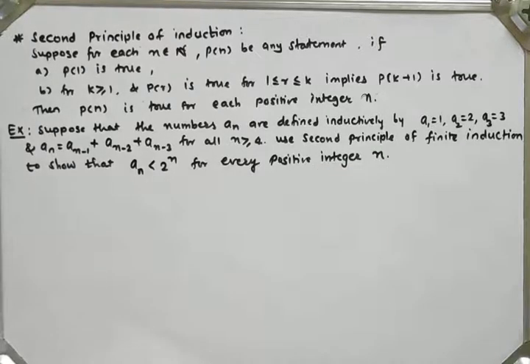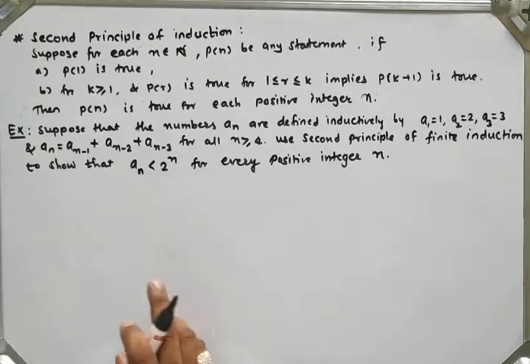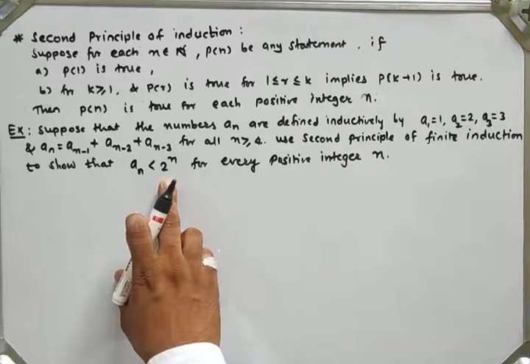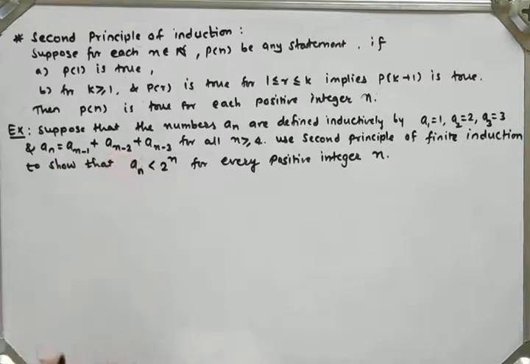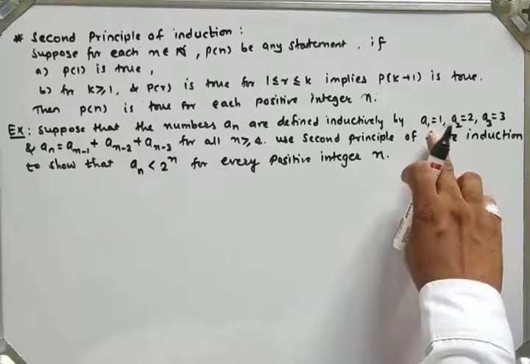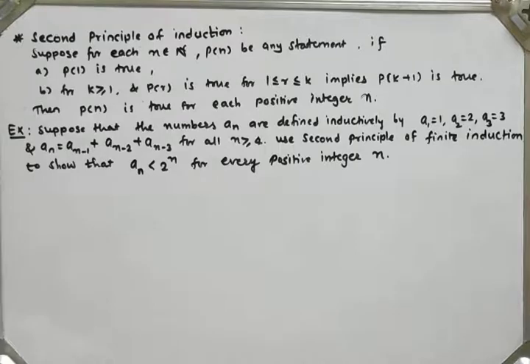So we have to show that for every n belonging to the natural numbers, an is strictly less than 2 raised to n, where the sequence is given by a(n-1) plus a(n-2) plus a(n-3) and inductively defined by a1, a2, a3, which are 1, 2 and 3 respectively. Now we have to use the second principle of mathematical induction.